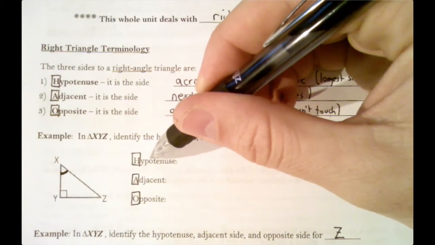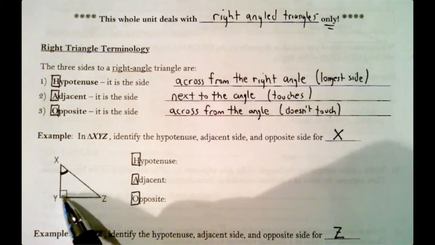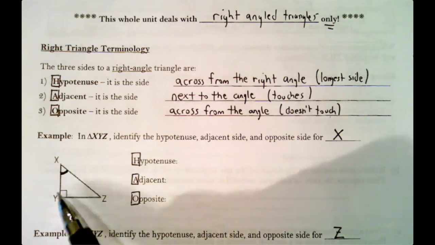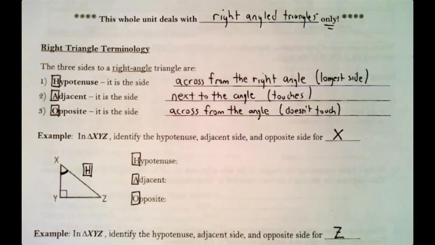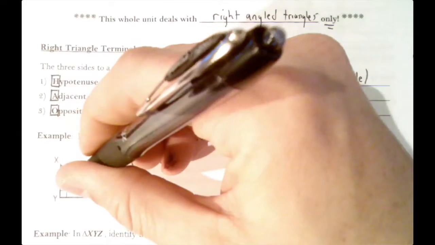Hypotenuse is the side across from the 90, the longest side. So our 90 is right here. The longest side will be the side that's not touching this 90. This side and this side are both touching the 90, so this side is the hypotenuse. And this would be called side Y, because Y is the side across from angle Y.